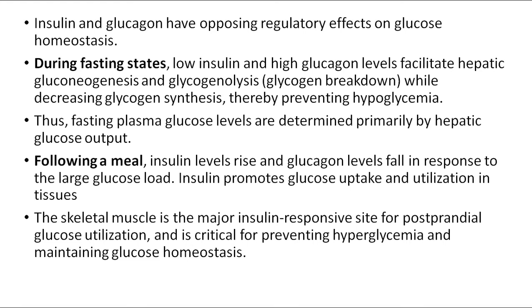The skeletal muscle is the major insulin responsive site for postprandial glucose utilization, and it is critical for preventing hyperglycemia and maintaining glucose homeostasis. After eating a meal, due to the insulin, glucose uptake occurs into the skeletal muscle.